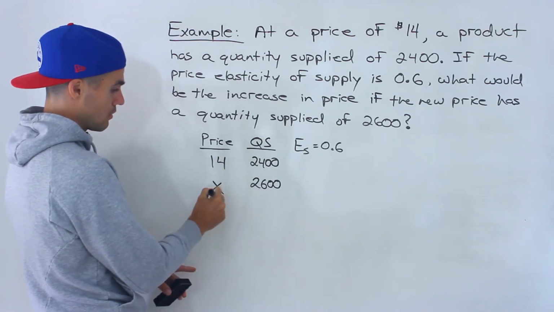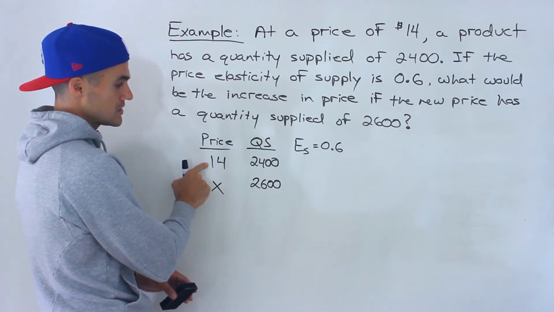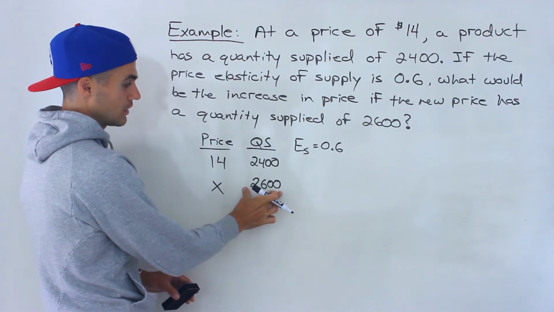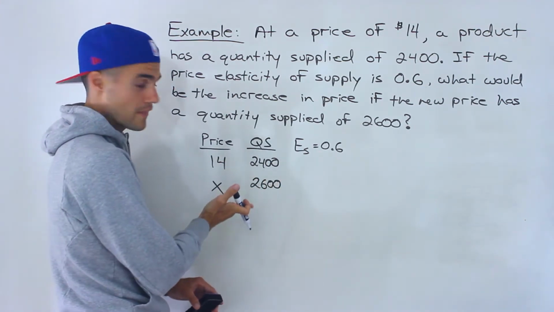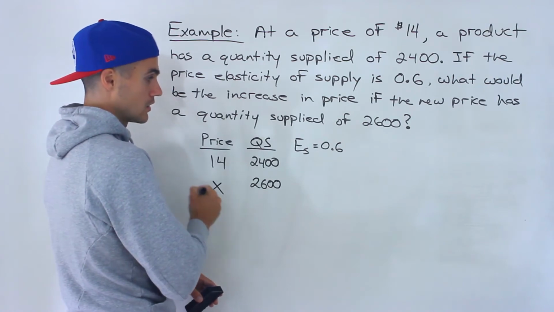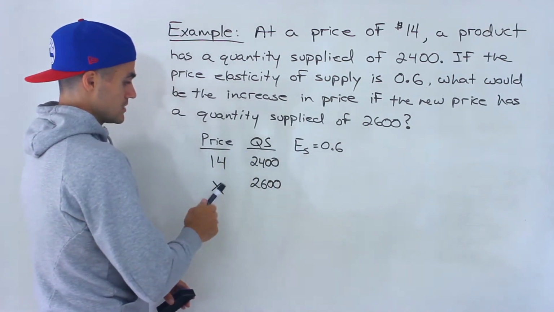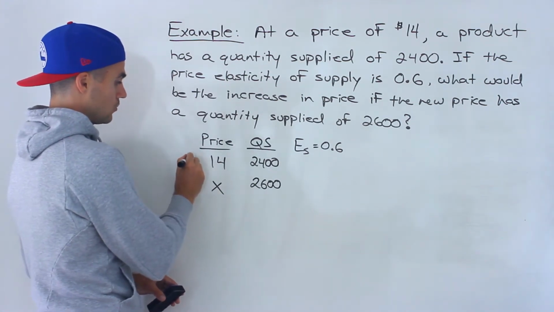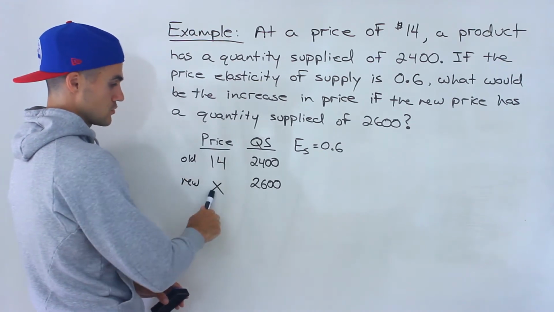And from here, you could tell that this value is going to be greater than 14 because this value has a quantity supplied greater than this quantity supplied. And we know that the quantity supplied curve slopes upward, right? So this is going to be greater than that. So this here is the old values, and these here are the new values, the new price and the new quantity supplied.